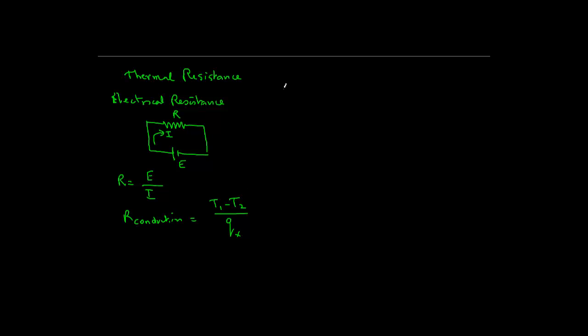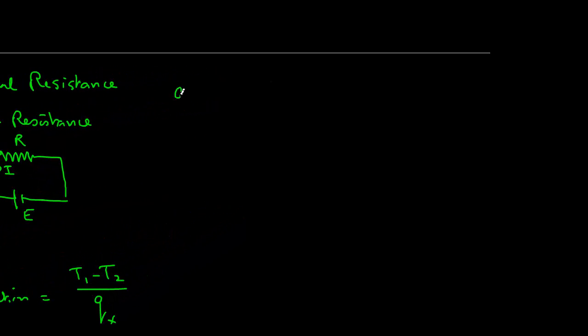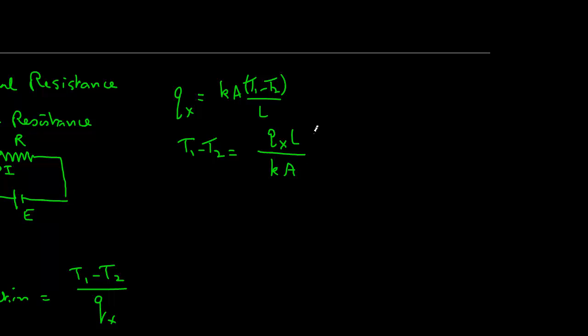Now we can go ahead and substitute here the quantity in the numerator for T1 minus T2. Remember that we just obtained an expression for steady state heat transfer as Qx equals kA T1 minus T2 divided by L. So I can rearrange the terms here to keep T1 minus T2 on one side and move all the other terms to the other side. So we will have T1 minus T2 equals QxL divided by kA.